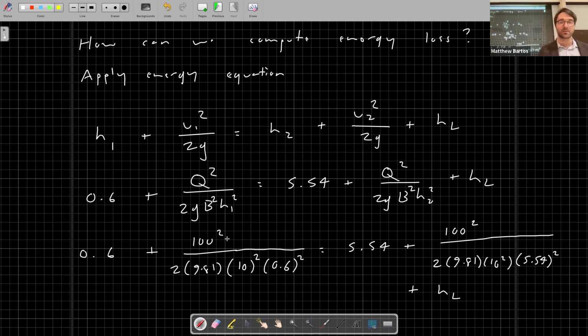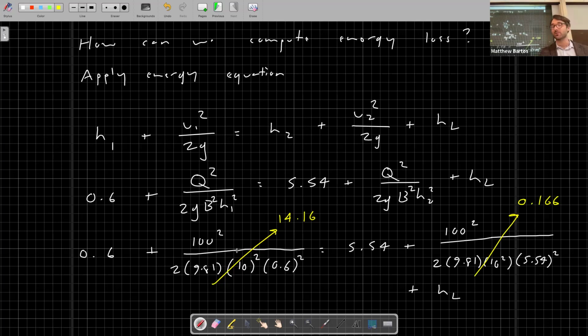We evaluate this expression here. This will end up being about 14.16. This expression here will be about 0.166. So note here that if we're looking at the energy upstream and downstream, this here represents the component that's in the potential energy, 0.6.